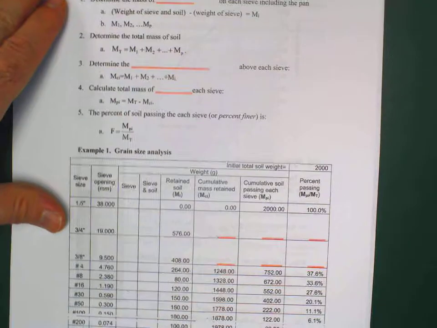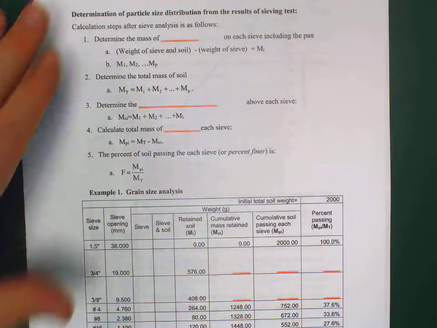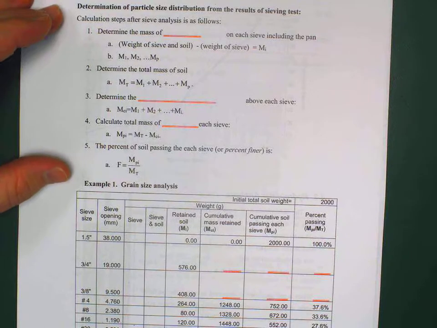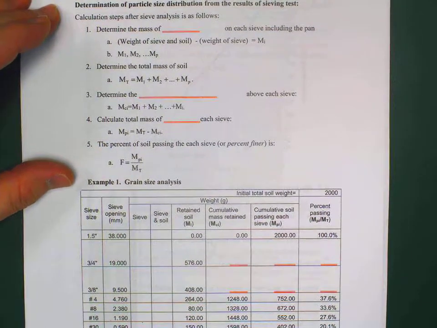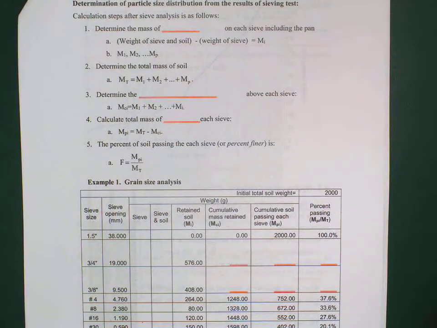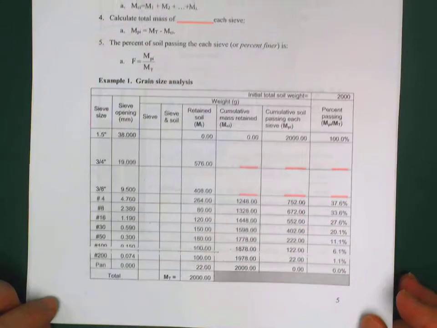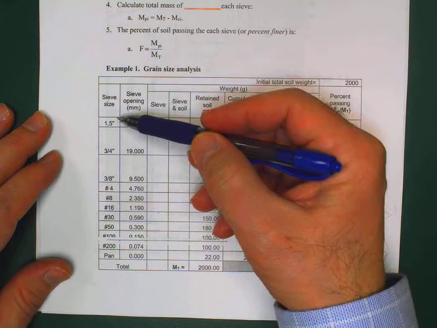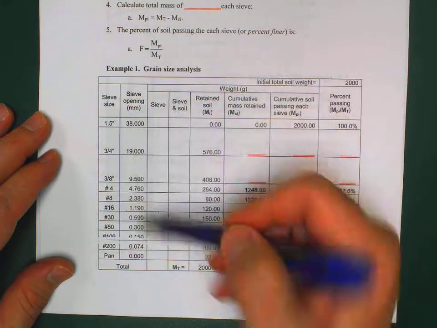So let's go through how we calculate the grain size distribution. We have these 5 distinct steps. They are very straightforward. One thing that I'd like to show is, let's look at the table here first. The first 2 columns are nothing but the size.